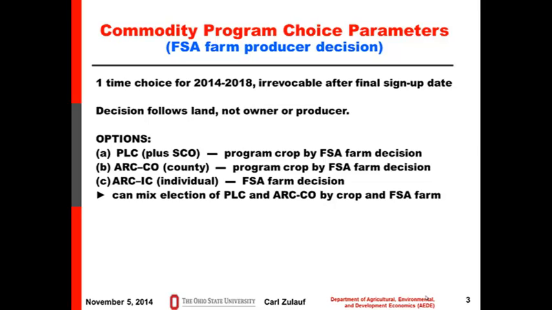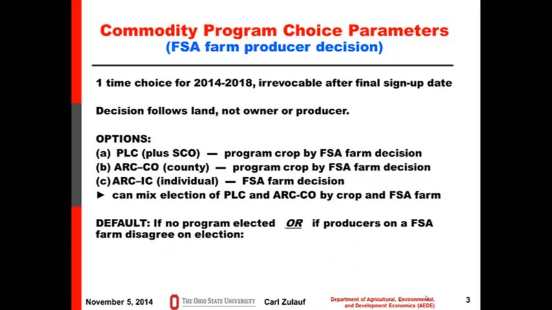So you can pick PLC for corn on an FSA farm and ARC-CO for soybeans on that farm. In contrast, ARC-IC is an entire farm decision. It's not made by crop. Key point to keep in mind, there is a default option.